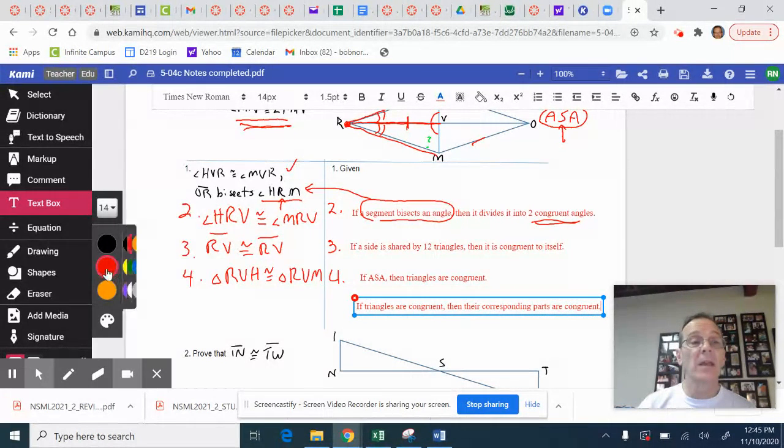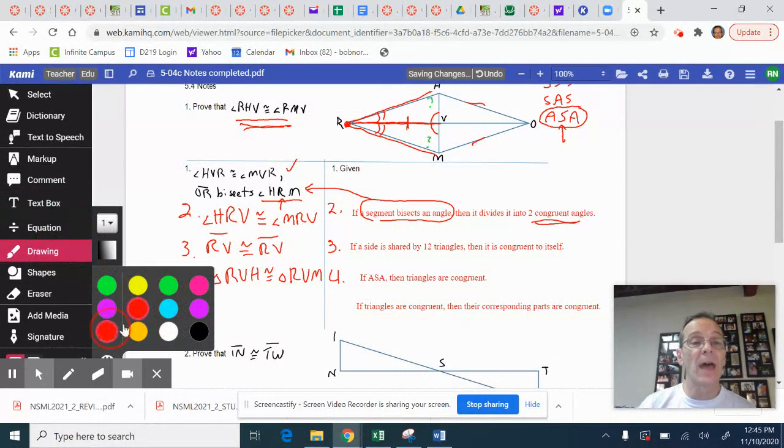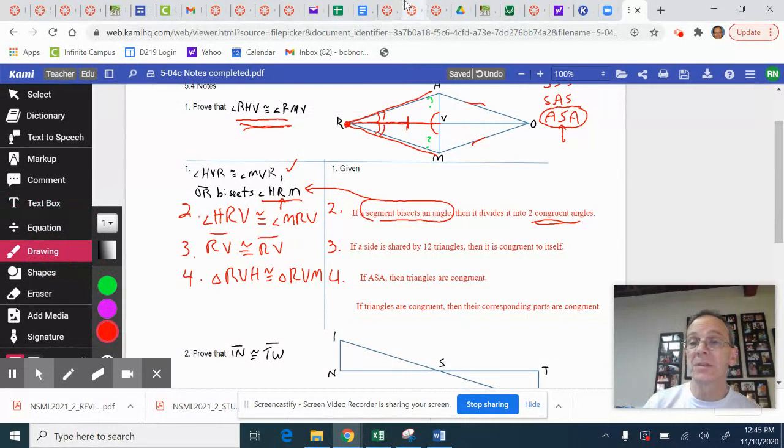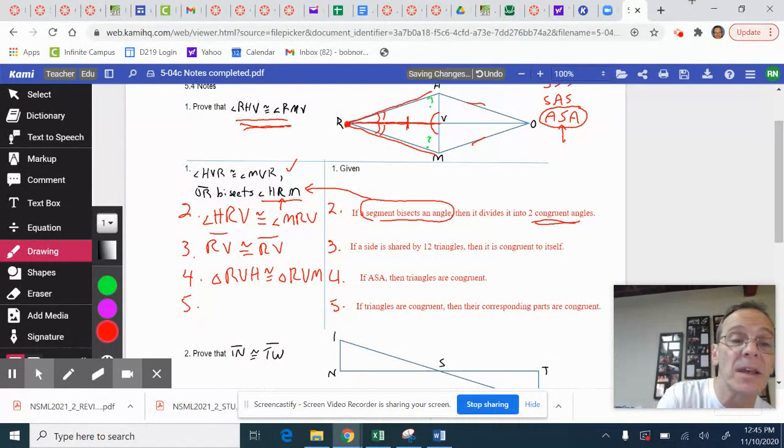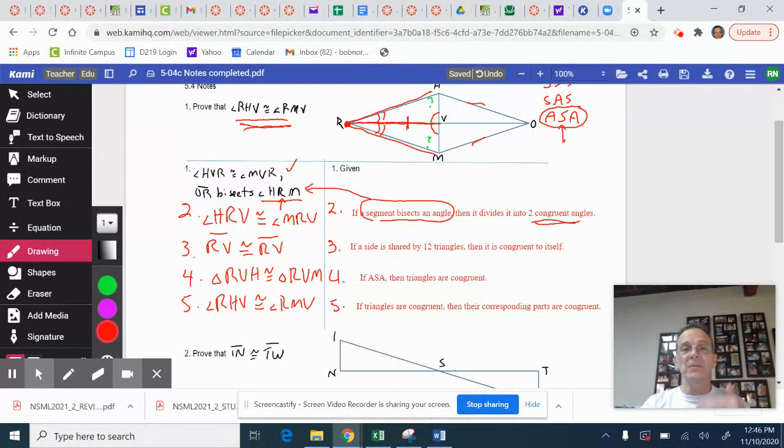Okay. And so for that reason, that's our reason number 5, and our statement number 5, supported by that reason, is that angle RHV is congruent to angle RMV.